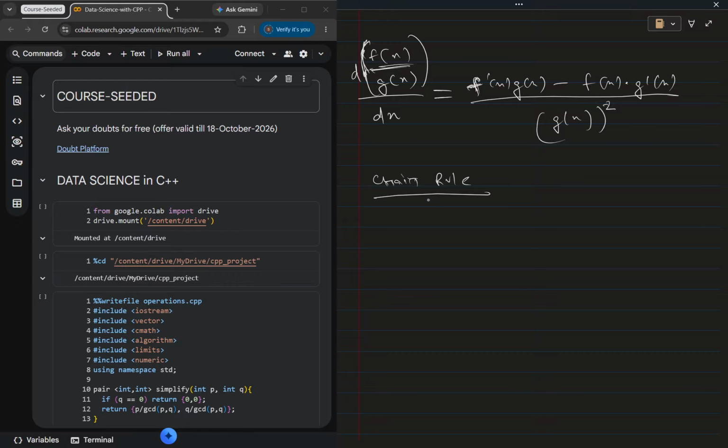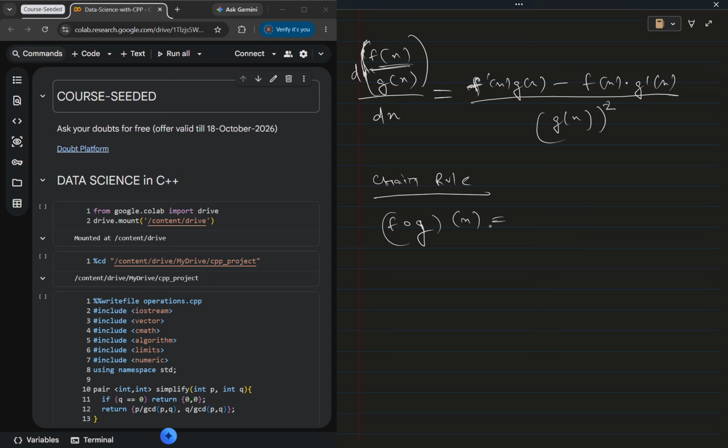So this is the chain rule. What you can do is write over here that chain rule is valid for composition functions. Basically, you don't have to remember what composition means. f of g of x is your function of gx.